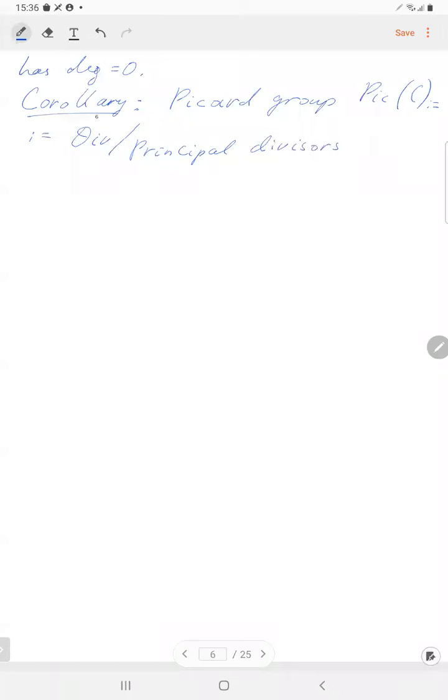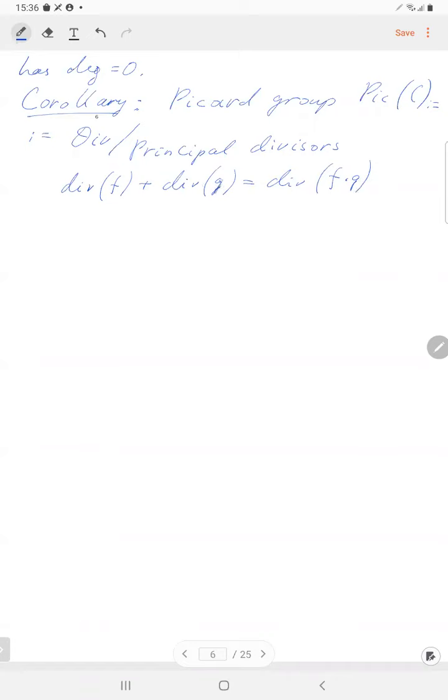Because clearly principal divisors form a subgroup, right? If you have the divisor of one function plus the divisor of another function, then this is clearly the divisor of their product.